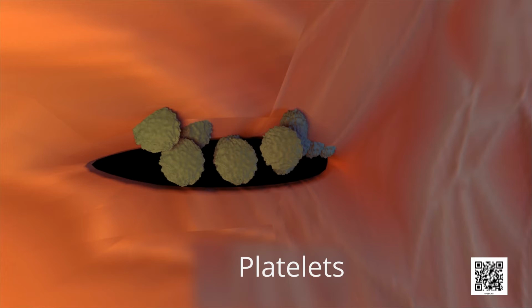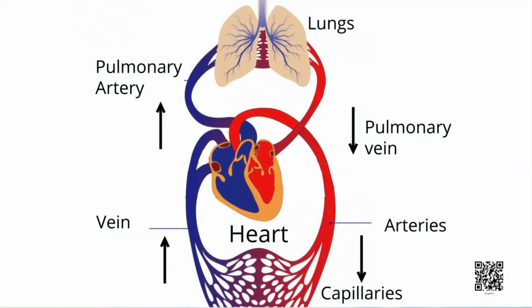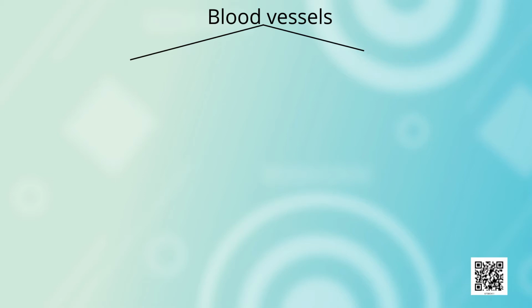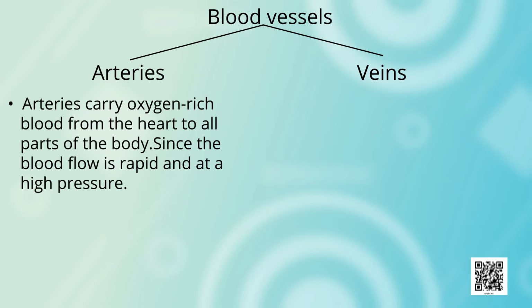There are different types of blood vessels in our body which transport the blood from one place to another. There are two kinds of blood vessels, arteries and veins. Arteries carry oxygen-rich blood from the heart to all parts of the body.